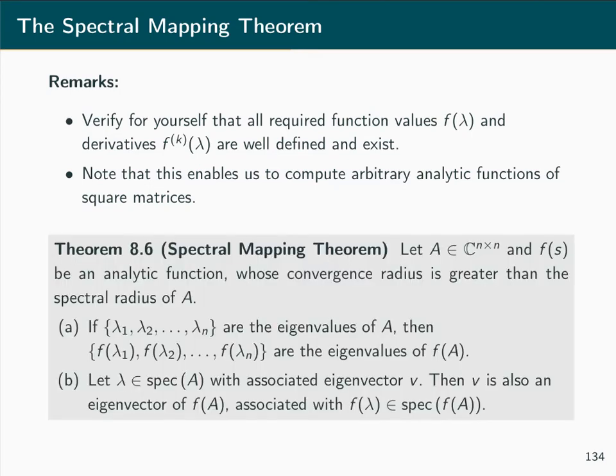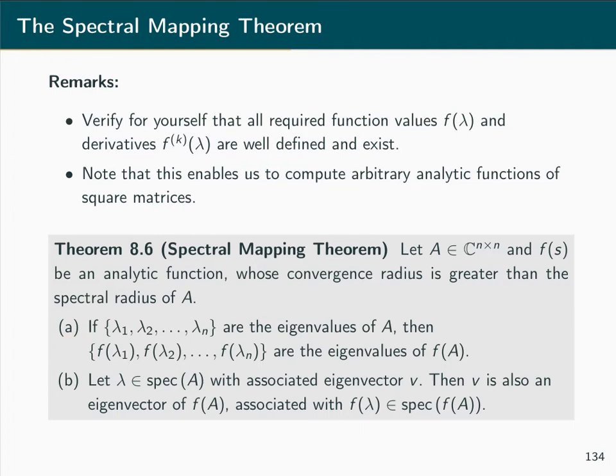This brings us to Theorem 8.6, another central result of this course, which is also called the Spectral Mapping Theorem. In this theorem, let A be a square matrix and f of s be an analytic function whose convergence radius is greater than the spectral radius of A. Then two statements hold.